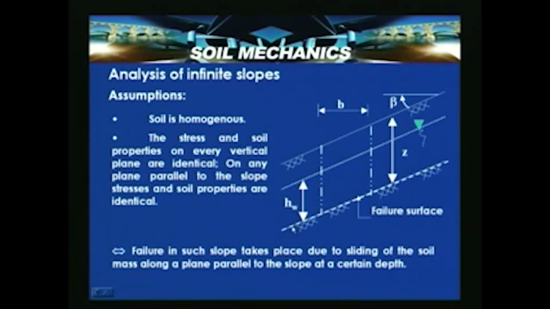On the right-hand side of this slide, a drawing is shown. This is a rigid stratum, or assume it is a rocky surface, and above it there is soil, and this portion from here to here is the soil depth. The inclination of the slope surface is beta with the horizontal, and this surface is also at beta with the horizontal.